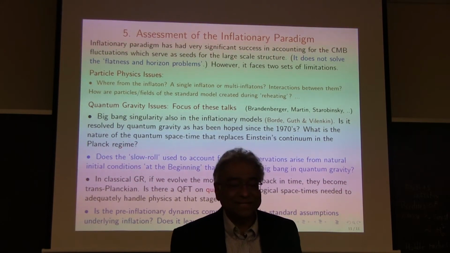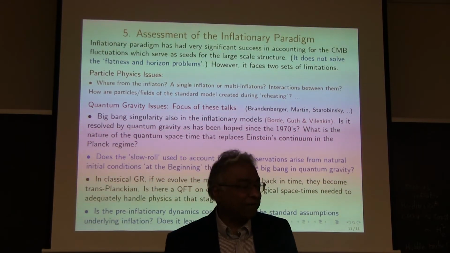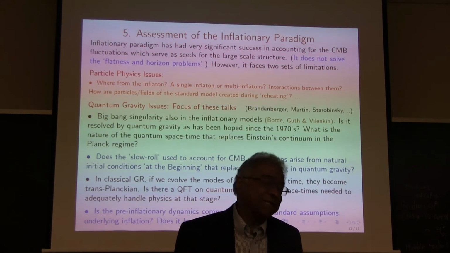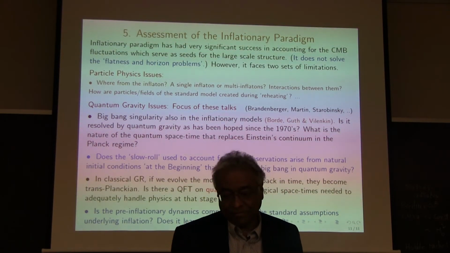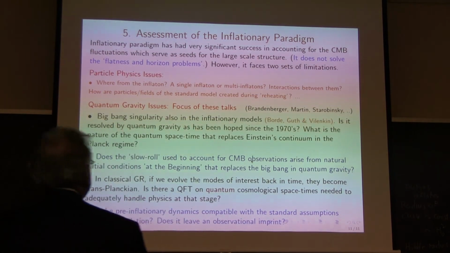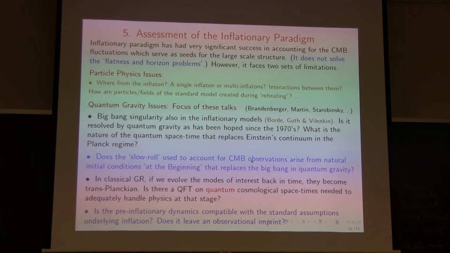Unfortunately, we didn't discuss this, but if you're interested, you can come on Friday and I can explain to you during office hours what these arguments are and why they are really not very good. It doesn't really account for flatness. It does not really solve either of these two problems. However, it actually does account for the CMB fluctuations, which serve as seeds for large-scale structure.